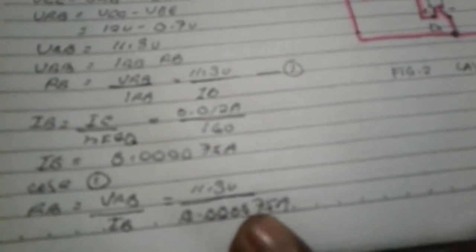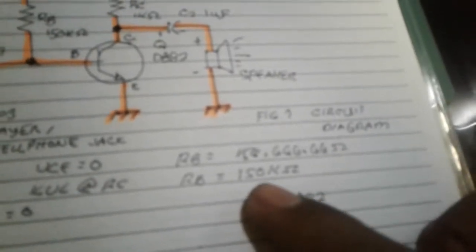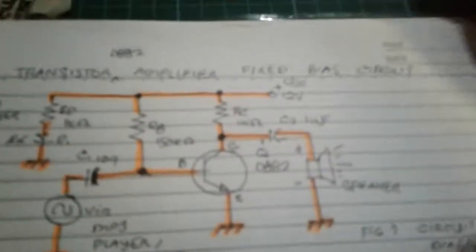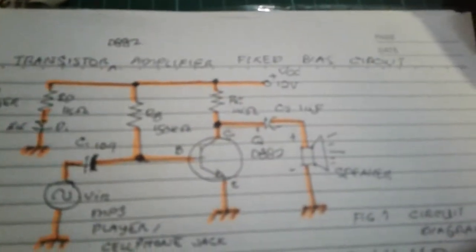So we now know the voltage drop at RB, and the base current of 75 microamps. And we got now this value of 150 kilo ohms. I'm rounding up. The actual value is 150,666.67, but I use 150 kilo ohms, rounding up. So we get now a 1 kilo ohm load resistor and a base resistor of 150 kilo ohms.